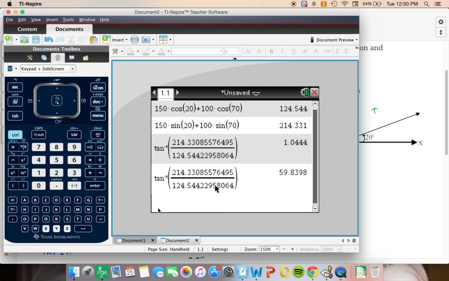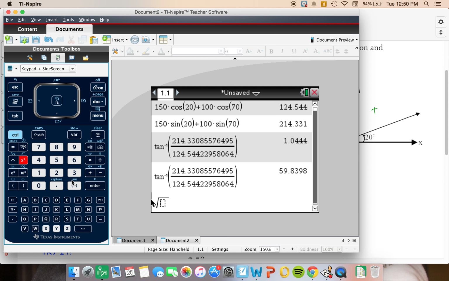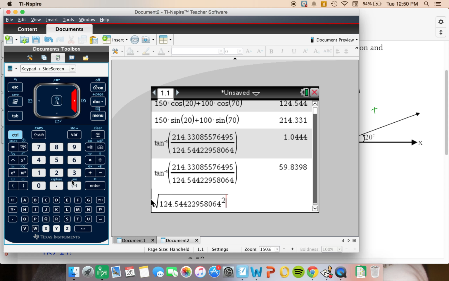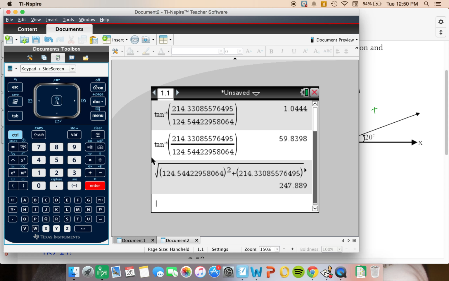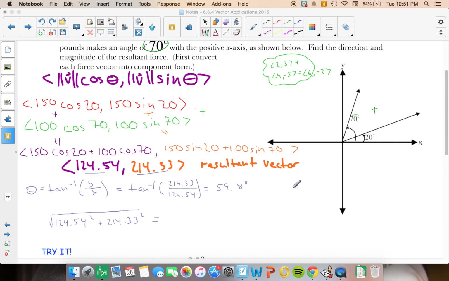And again, go into the calculator. And you can actually type this in. So square root of the x component squared plus the y component squared. And that gives me the answer. Overall resultant force, the magnitude of the resultant force is 247.89.